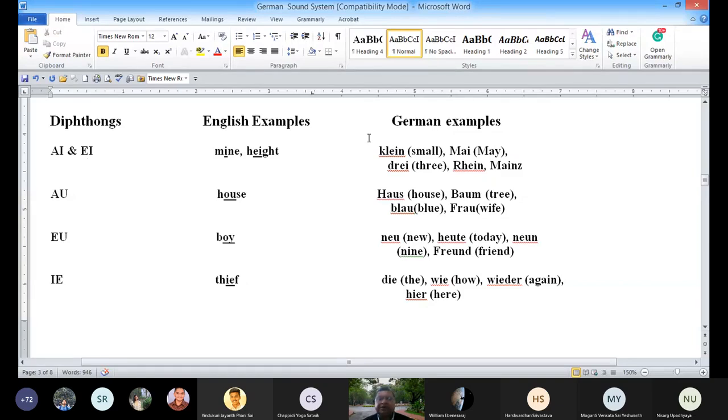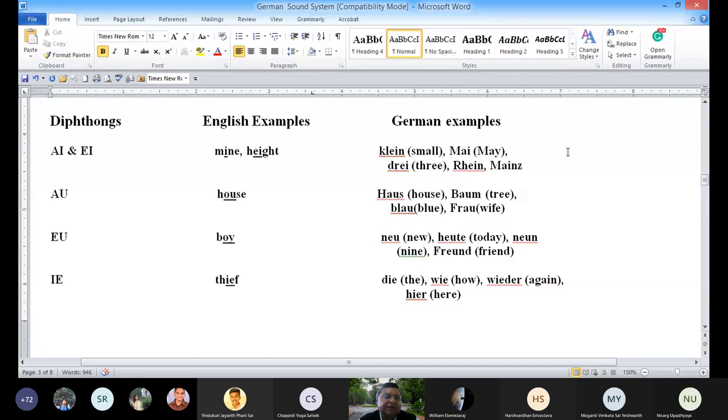On this pattern you can pronounce Klein, Mai, drei, Rhein, Mainz. Klein means small, Mai is the name of the month May, drei is the number 3, Rhein is the name of a river in Germany, a proper noun, and Mainz is the name of a city. Okay.